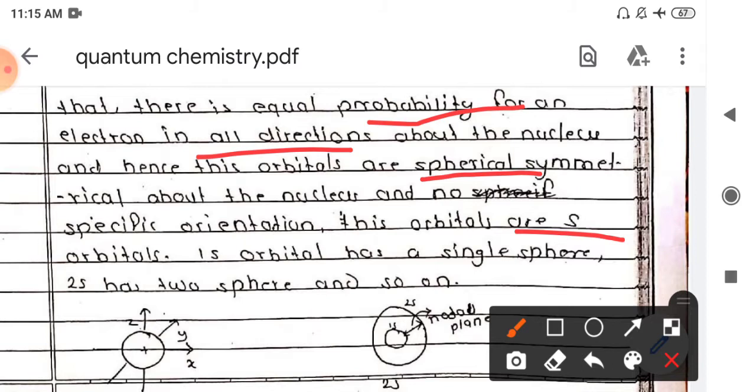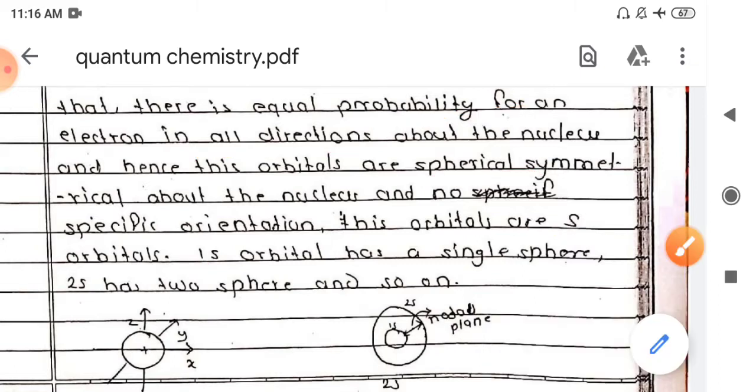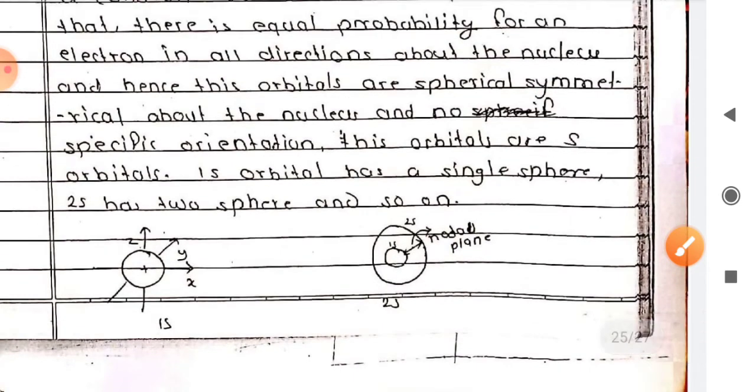So the s orbital is spherical in nature. The radius of that sphere depends only upon the principal quantum number, that is 1s, 2s, or 3s. The shape of the s orbital will remain constant, but for the p orbitals the shapes are different. For pz, px, and py orbitals, the shapes depend upon the angles.